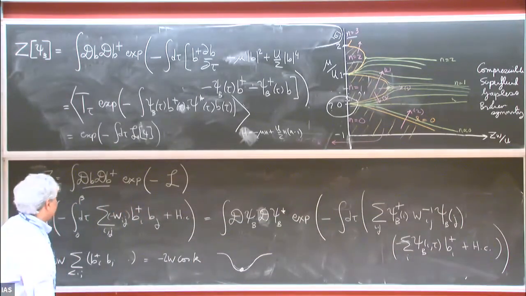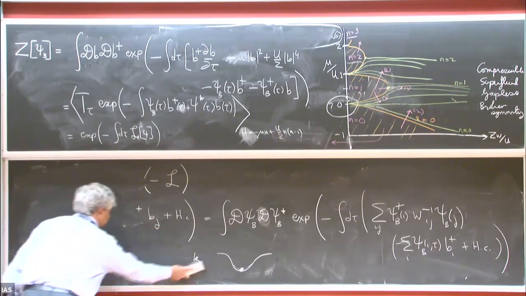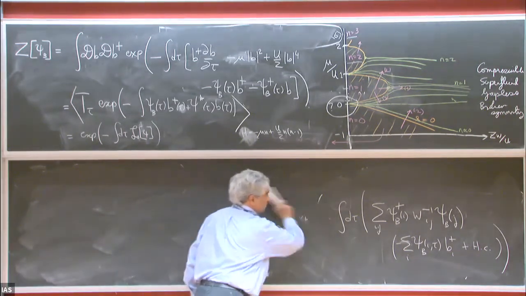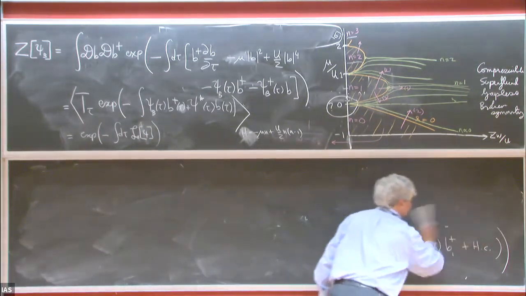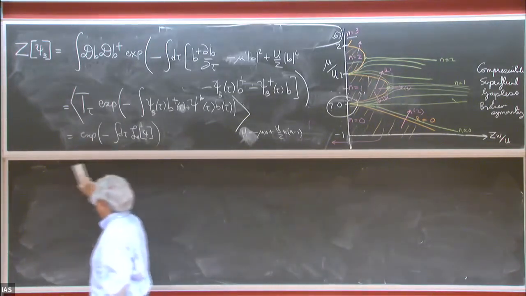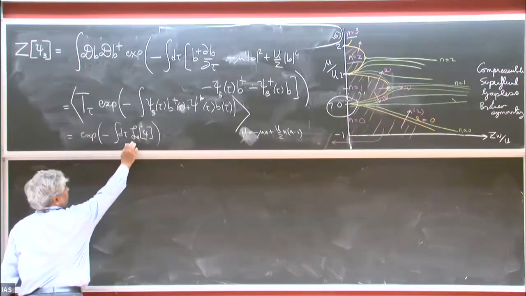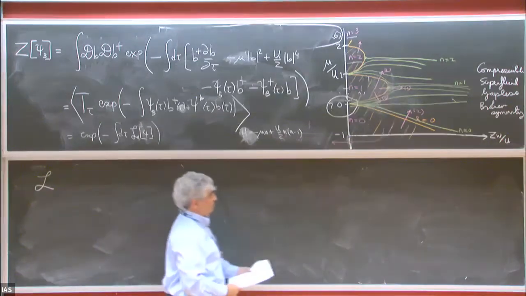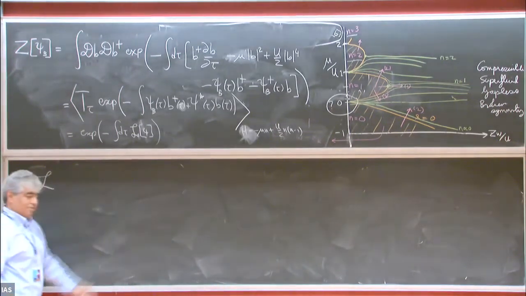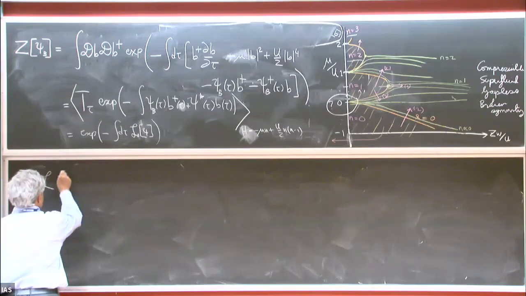So when the dust settles, what do you find? First, let's look at constant psi. I want the full Lagrangian L of psi. There will be a contribution from the Hubbard-Stratonovich term with the W inverse in it.